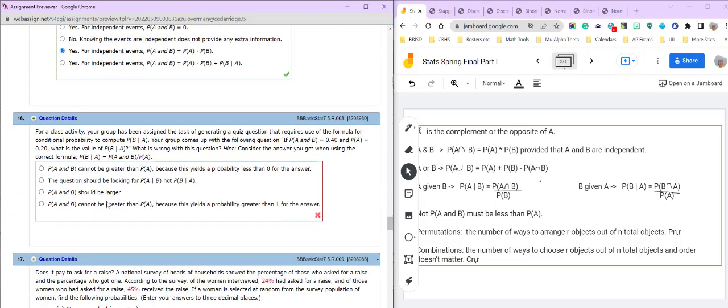For a class activity, your group has been assigned the task of generating a quiz question that requires use of the formula for conditional probability to compute probability of B given A. If your group comes up with the following question, if probability of A and B is 0.4 and probability of A is 0.2, what is the probability of B given A?